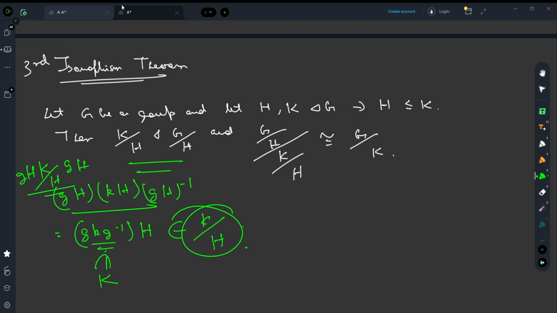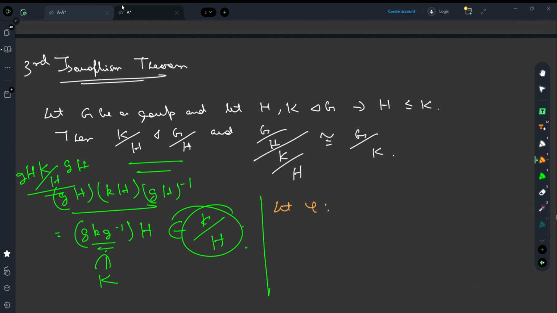So it's indeed normal in G mod H. Therefore this quotient group is well defined, and this quotient group is well defined as well because K is normal in G.